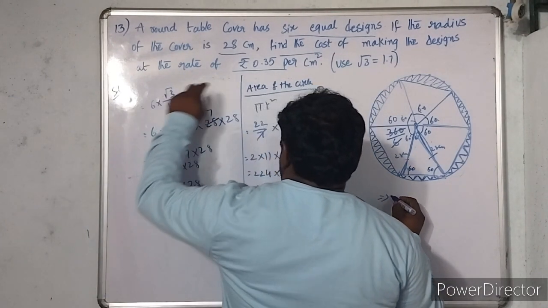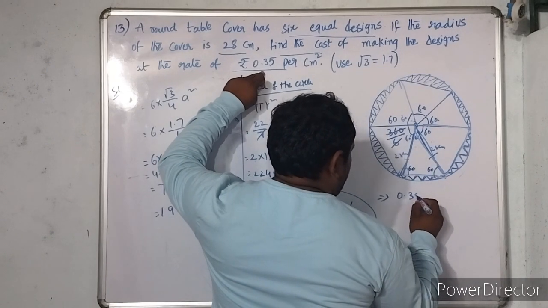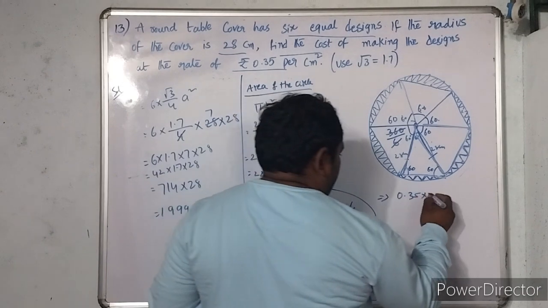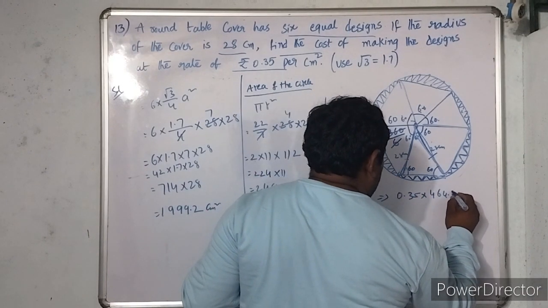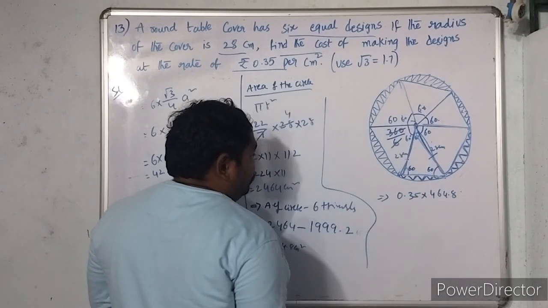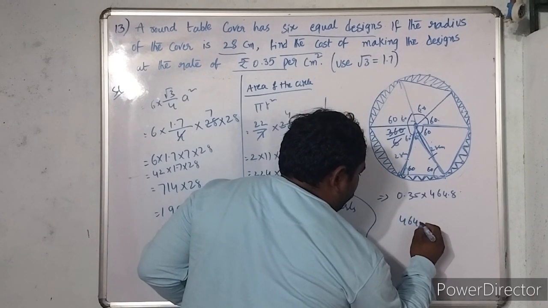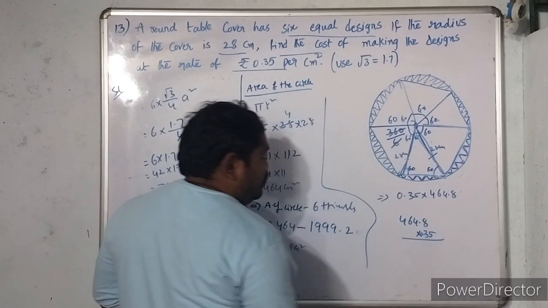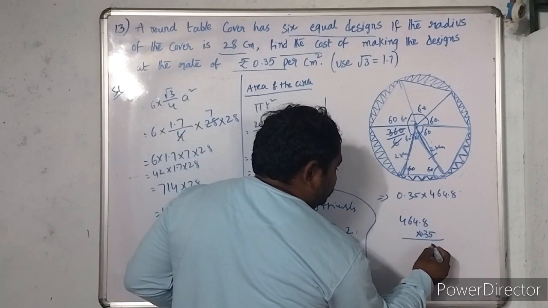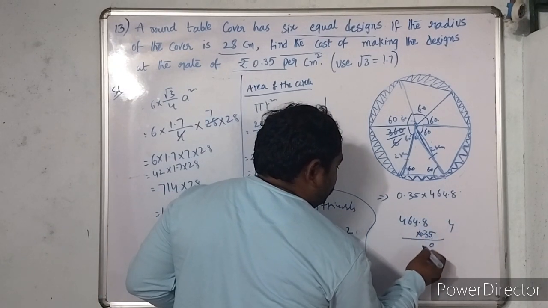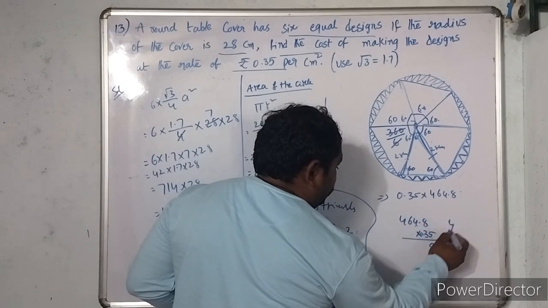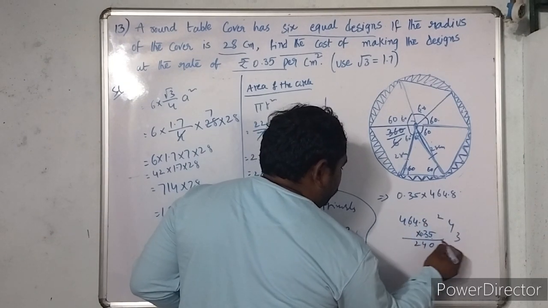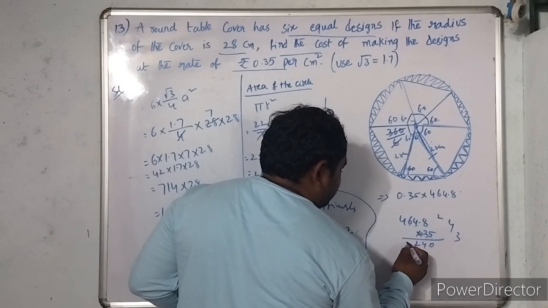For 1 centimeter square we have 0.35 paisa cost. For 464.8, we have to multiply this one. 464.8 into 0.35. On multiplying this, 8 5s are 40, 5 4s are 20 plus 4 24, 5 6s are 30 plus 2 32, 5 4s are 20 plus 3 23.